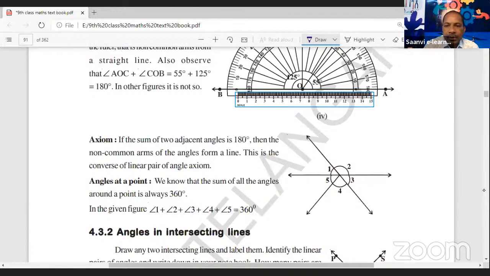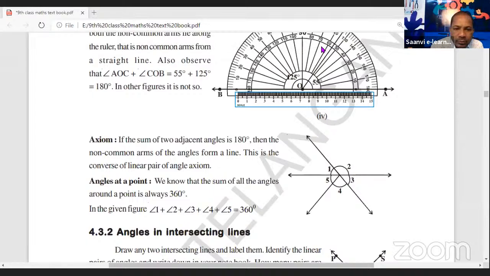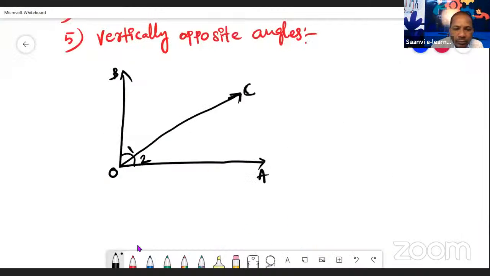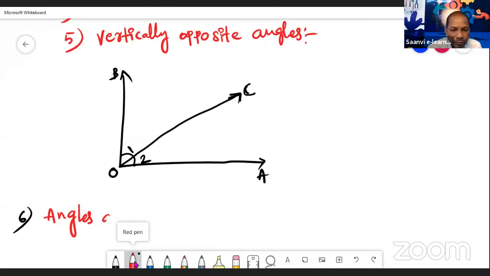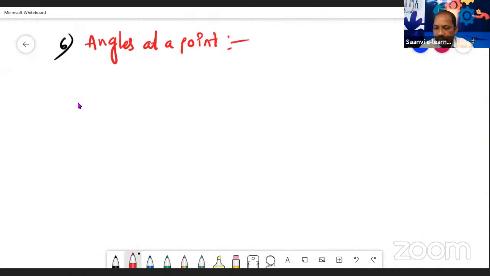So when we draw the angles, and when two angles are formed at a point, angles at a point. So when we draw a figure, sometimes we get angles at a point.